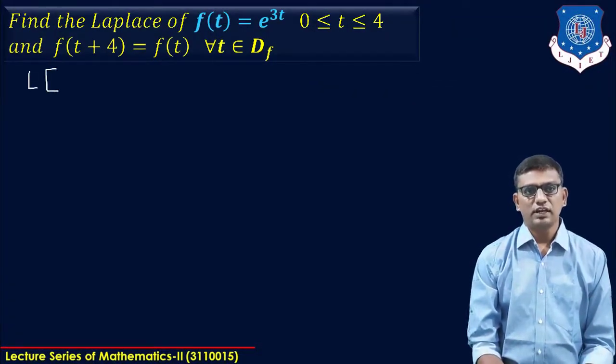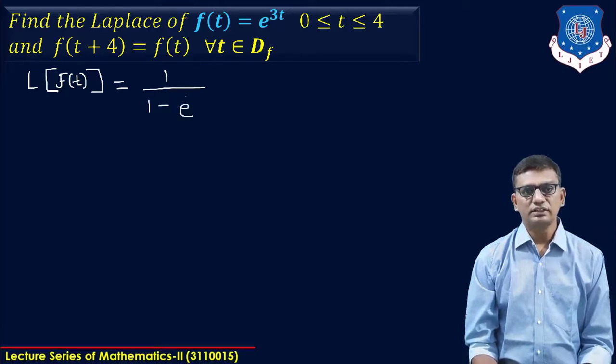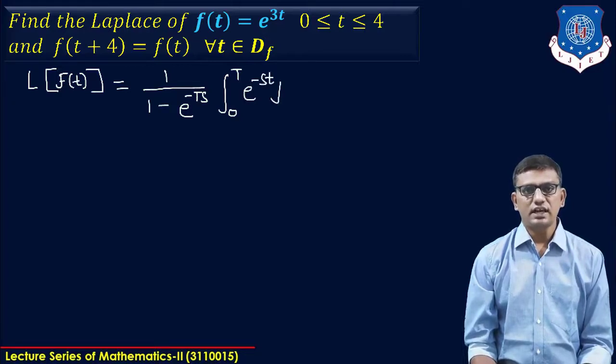Laplace of f(t) for the periodic function is given by this formula. Here the formula is 1 upon 1 minus e raised to minus capital Ts, where T is the period of the function, and integration 0 to capital T e raised to minus st f(t) dt.